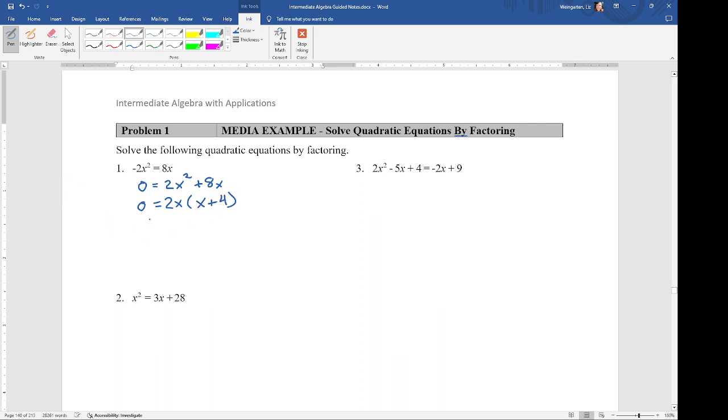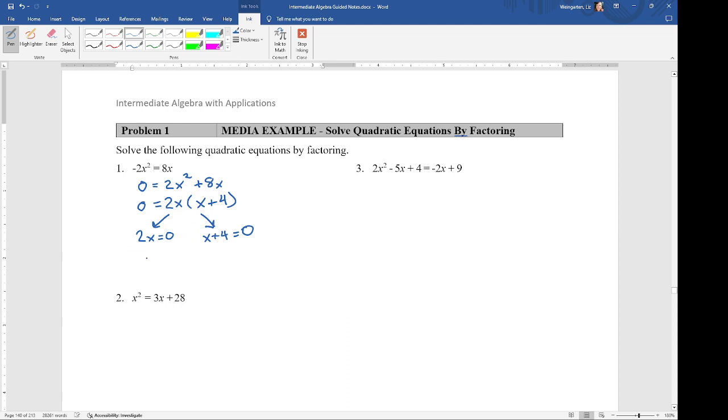So the zero principle tells us that either 2x is equal to 0 or x plus 4 is equal to 0. So we're going to solve for x for both of these, and both numbers will be the solution to this quadratic equation.